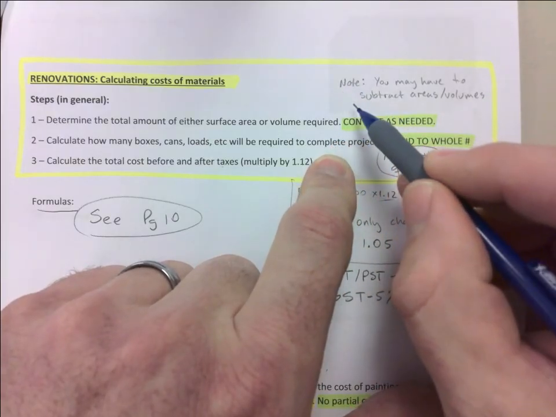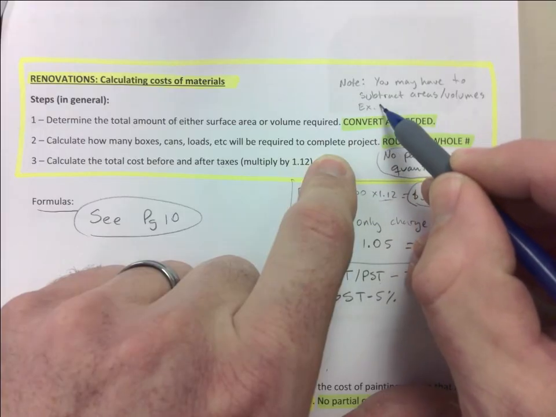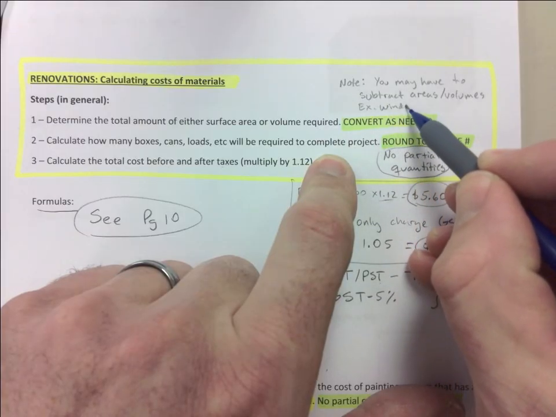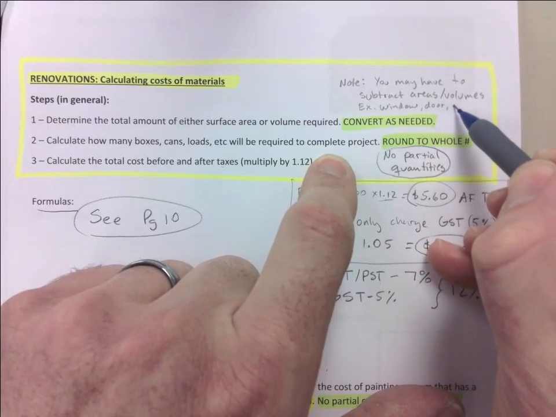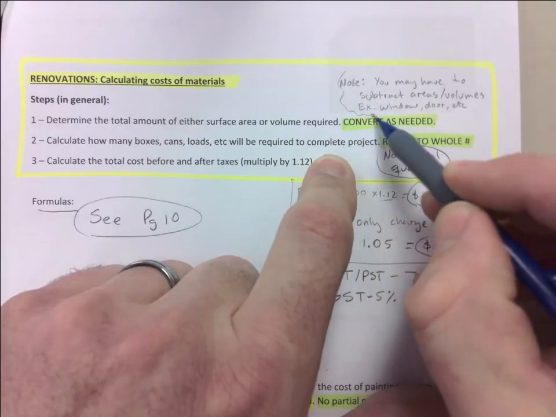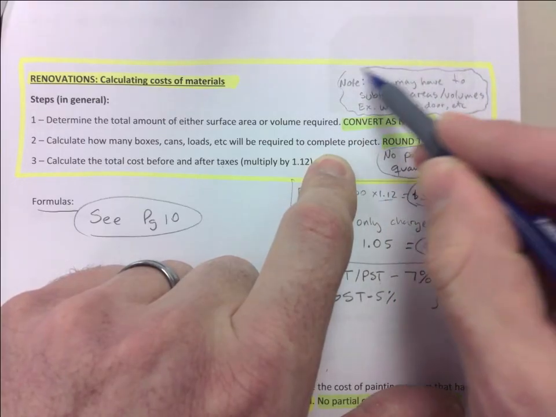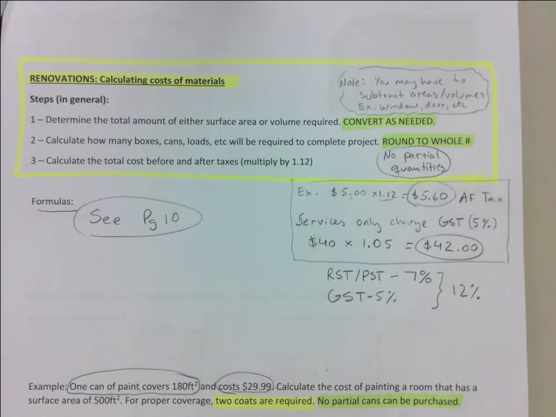Okay. Example, a window or a door, etc. And the question will tell you, right?